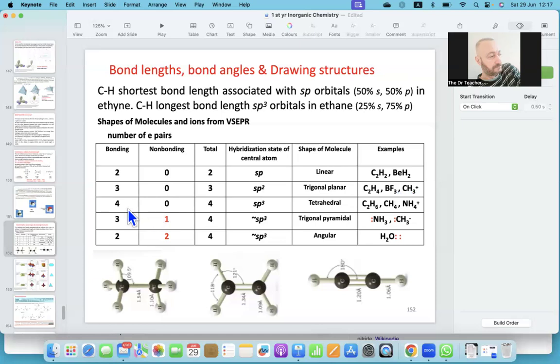Whereas if we have 4 bonds, we expect tetrahedral, and the hybridization sp3, no non-bonding, 4 electron pairs.